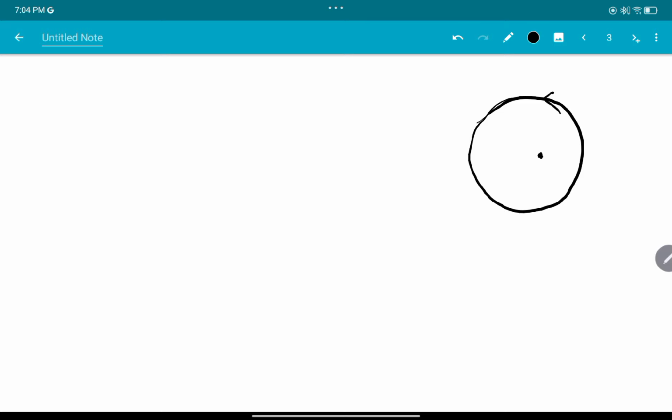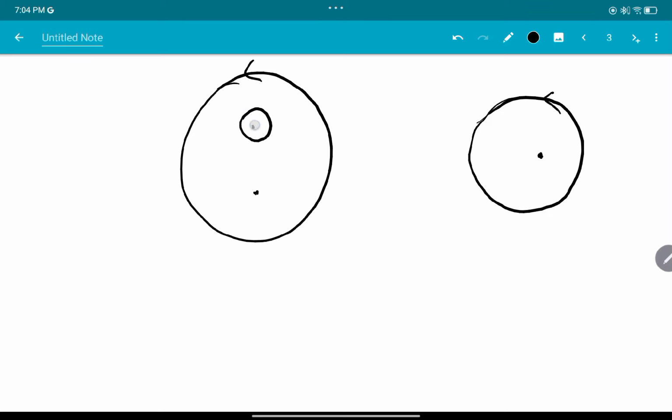In the problem that I am now showing, we will be having two singularities inside. And in that case, what can we do? The simplest thing to do is to replace this curve by two curves, enclosing each singularity.